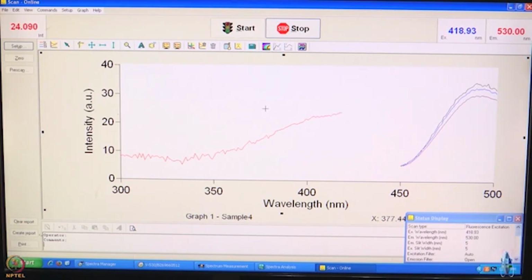Now, sometimes that is not the case. In this case, for example, we see we are getting an excitation maximum at around 410 nanometer, whereas the absorption maximum was at 430 nanometer. What does that mean? It can mean two things. First, your sample might be impure, and second, your sample might not be made up of one thing.